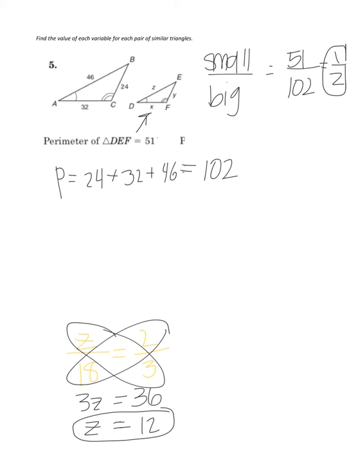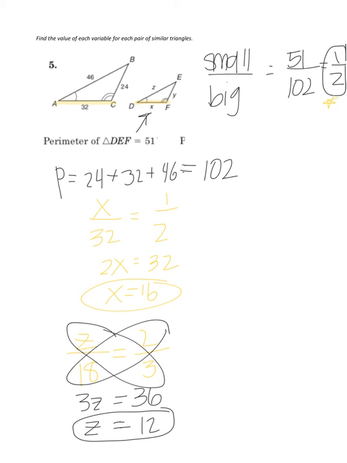The correct answer here would have been, first, find what x corresponds with in the large triangle, 32. So our setup would be x to 32 equals 1 to 2. Solving this, we would have 2x equals 32, divide by 2, and get x equals 16.